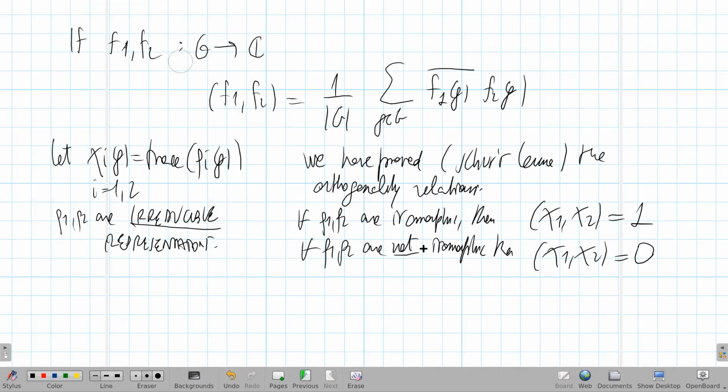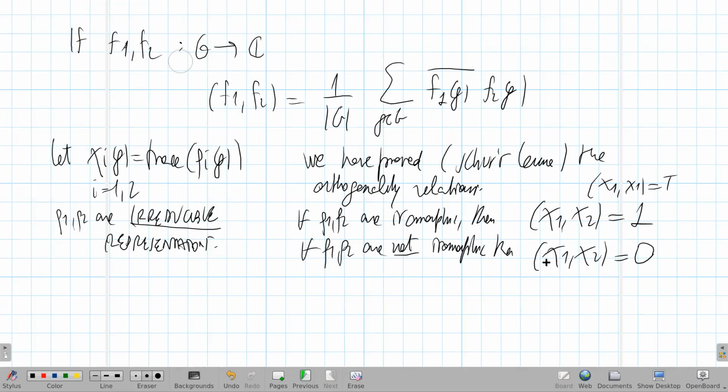So we already saw that if you have two isomorphic representations, they have the same character. But if you have two non-isomorphic representations, they don't have the same character, because if they had the same character, the inner product should be 1, instead it's 0, okay? Note, as a particular case, if I have just one representation, this is 1. So if the two are not isomorphic, the characters have to be different, because if they were the same, the inner product should be 1.